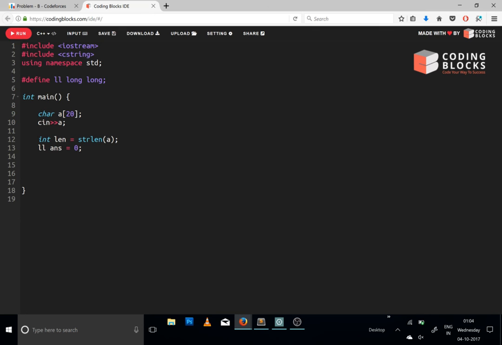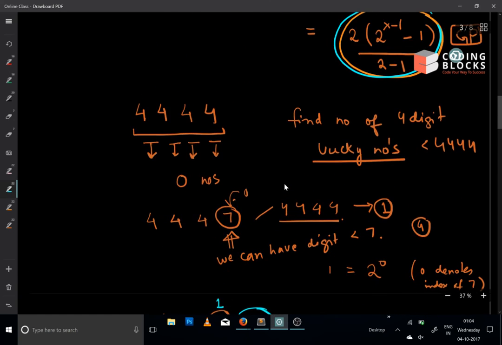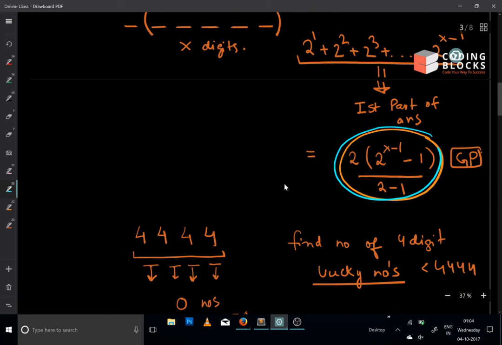and now if I know the length, the final answer is nothing but this plus this, right? So this can be written like this: 2 into 2 raised to the power x minus 1 minus 1, right? And 2 minus 1 is 1.